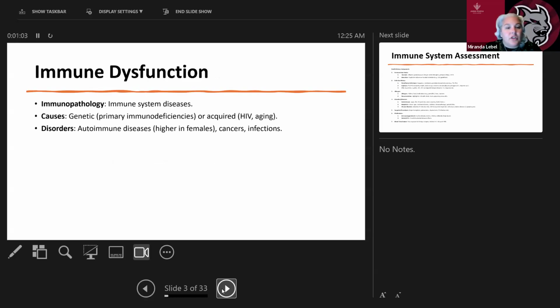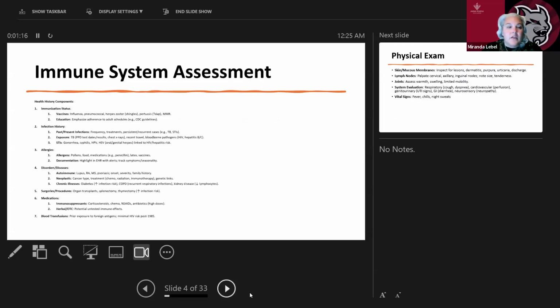When we have immune dysfunction, we end up with immune system diseases. The causes could be genetic or acquired, and the disorders would be autoimmune diseases, which are higher in females, cancers, and infections.